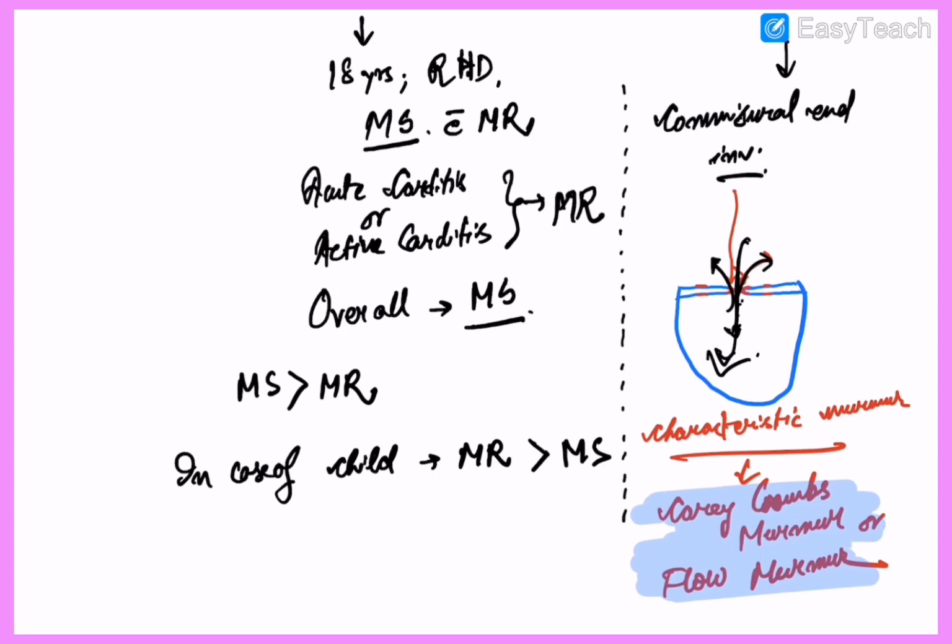Coming to the management part, we can give steroids here like in pericarditis. For severe MS, the valve area should be less than 1.5 centimeter square, and we can manage it through percutaneous mitral balloon valvotomy.